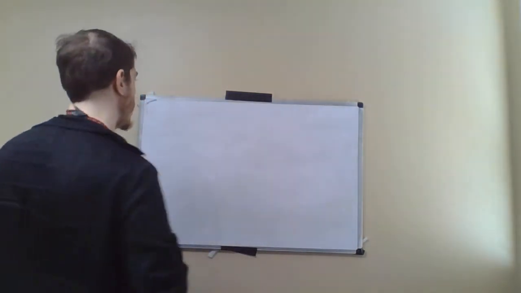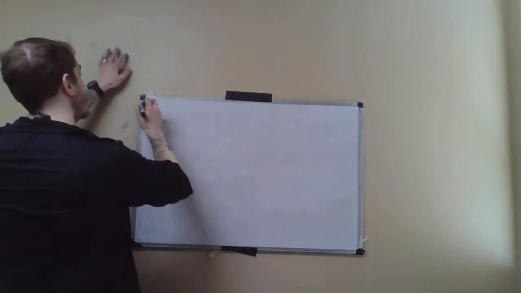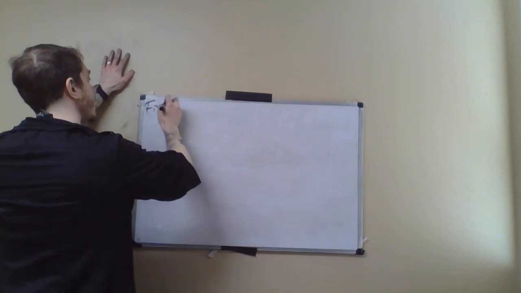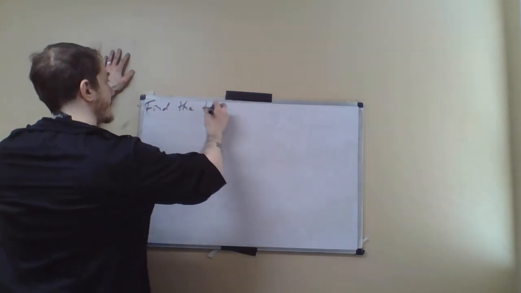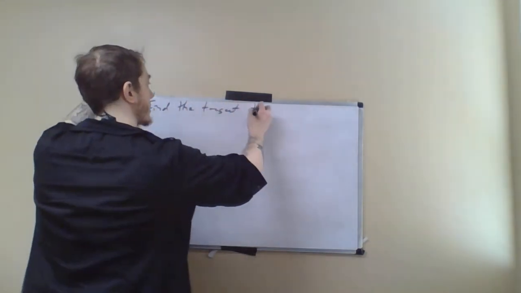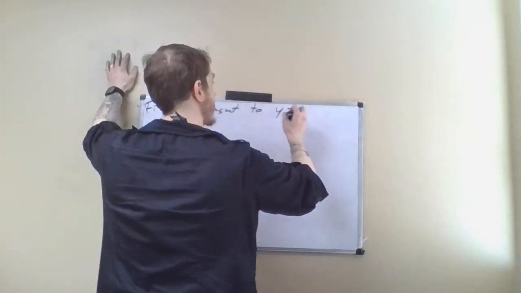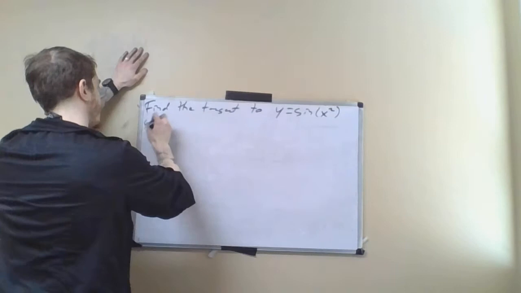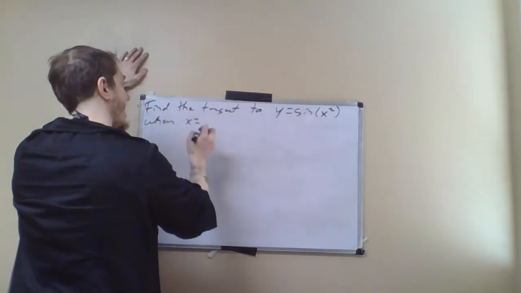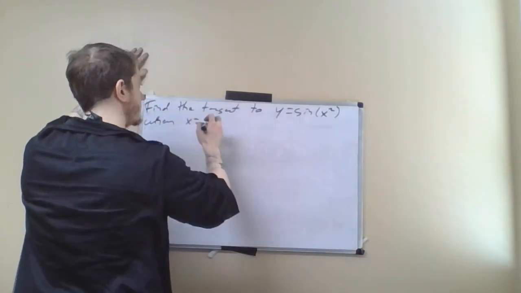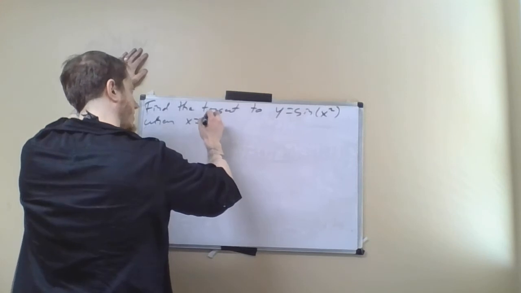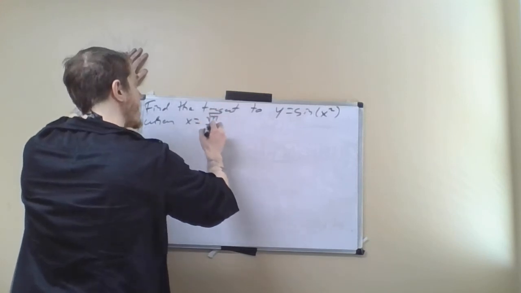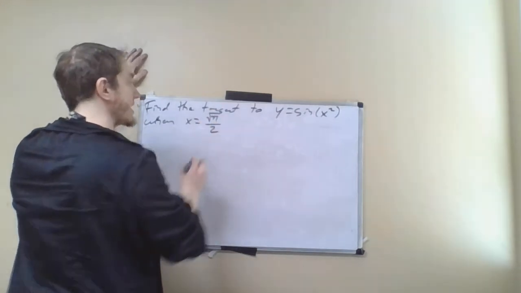Another example that maybe we could do is, let's say that we want to find the tangent to y equals sine of x squared when x is equal to square root of pi divided by 2.